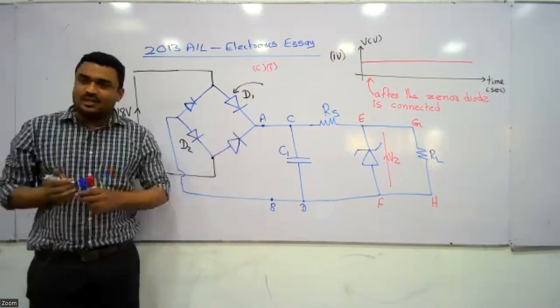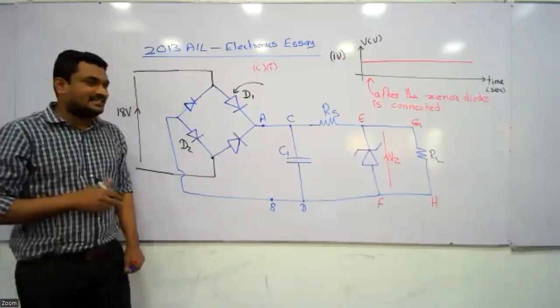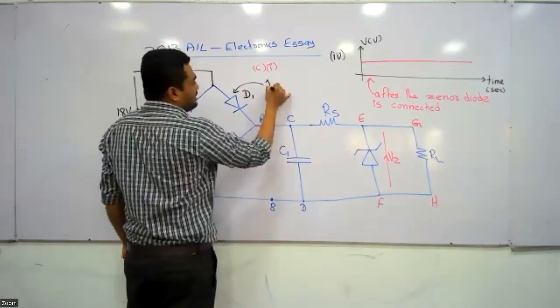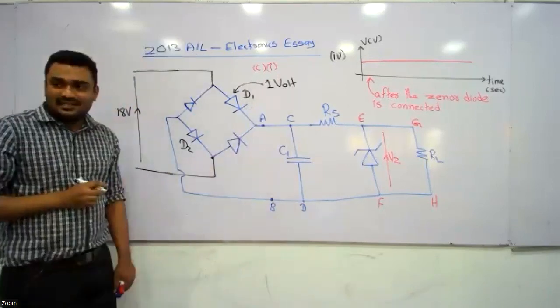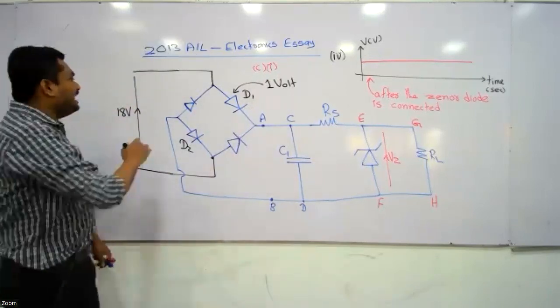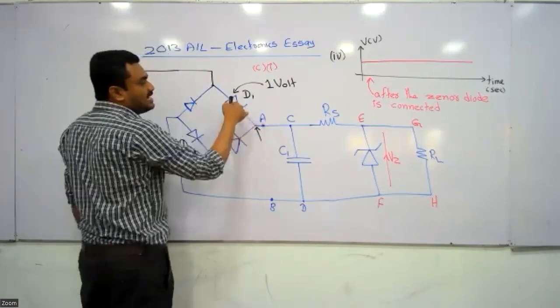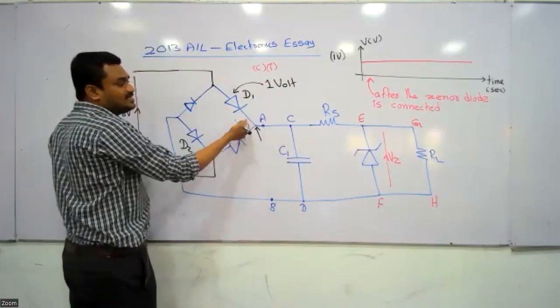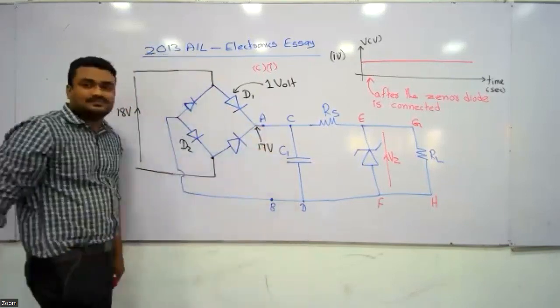For a germanium diode, 0.3. But in this question, it is given that the junction voltage is 1 volt. So how many volts here? 1 volt. 18 is given. So what is the voltage here? This diode will reduce its junction voltage. So this will be 17 volt.